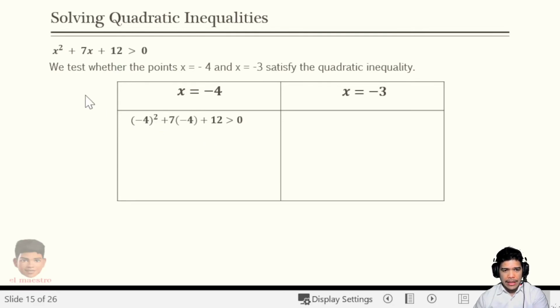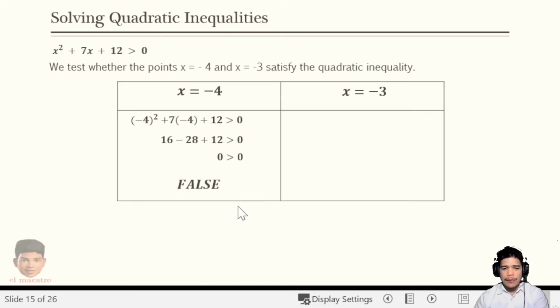So, substitute natin, kita mo, negative 4 squared plus 7 times negative 4 plus 12. So, use your calculator to compute that one and you will have 0 is greater than 0. The question is, 0 greater than 0? Siyempre, hindi. Because they are equal.